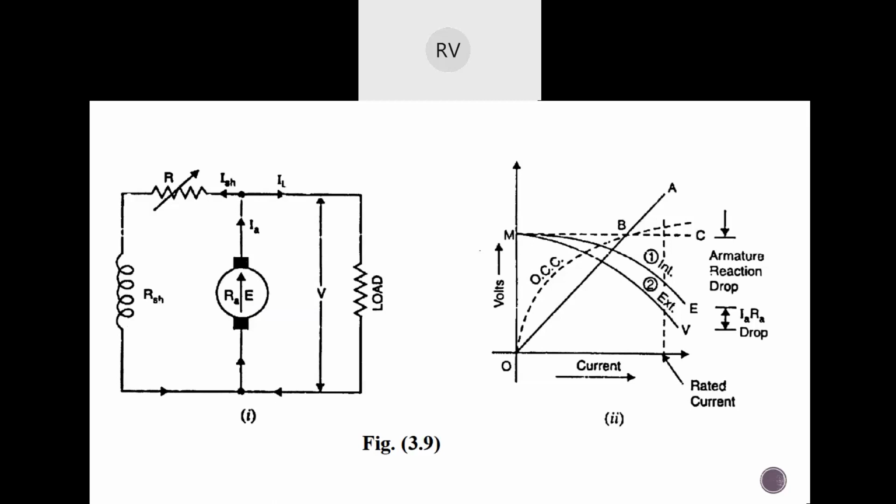In this case it is OM, because the machine OCC is being cut by the shunt field resistance line OA, and the voltage at that point is nothing but OM.